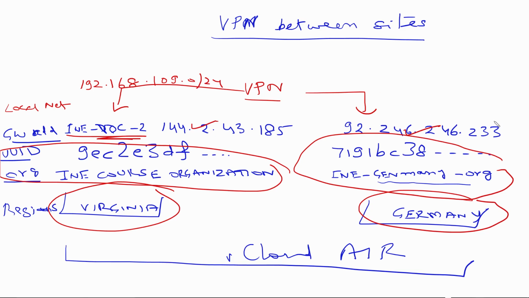And on this side, if you are in this VDC in this organization, it becomes local, otherwise it becomes peer. So why don't I just call it local peer network, right? And on this side it is 192.168.111.0/24. So this is local or peer, depending on whether you're here or here, and the gateways are, one starts with a 144 address, the other has the 92 address.